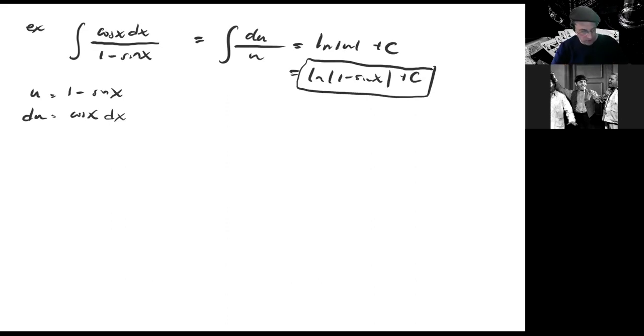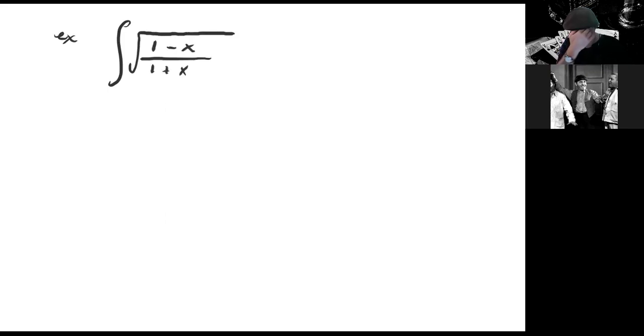Let's try something more complicated. Something like this, and this is actually from the section. It's the square root of 1 minus x over 1 plus x, dx.